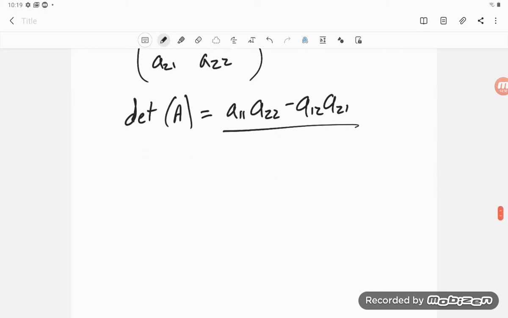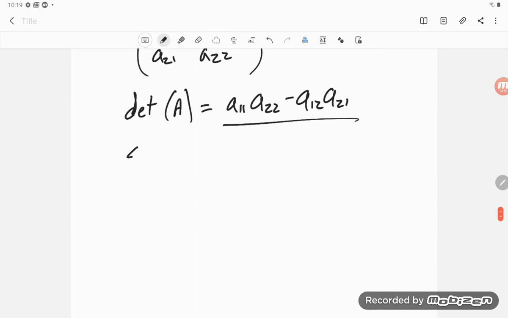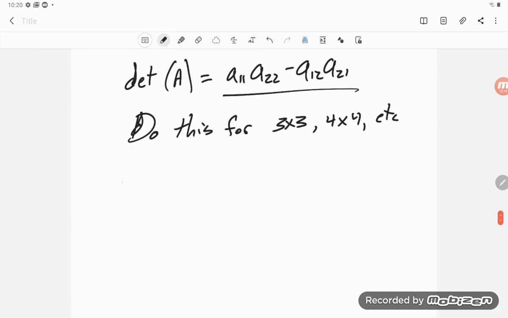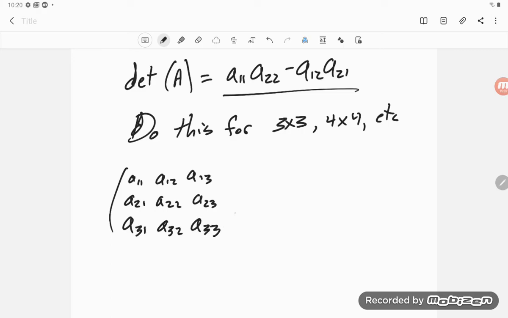Now, we could do the same thing for 3 by 3, 4 by 4, etc. And you know what happens if I start with a 3 by 3 and I have A11, A12, A13, A21, A22, A23, and A31, A32, and A33.